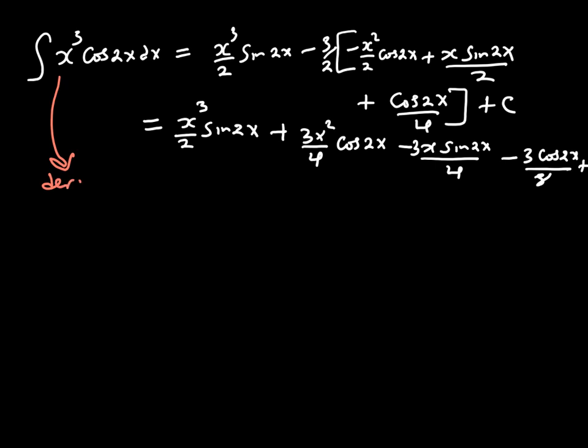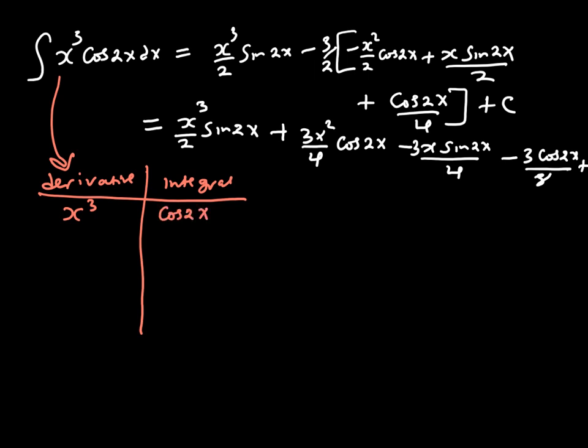So we have the derivative and then the integral, okay, the integral is the dv/dx. So we are picking x cubed as u, and we are looking at the cosine of 2x as our dv/dx, okay.